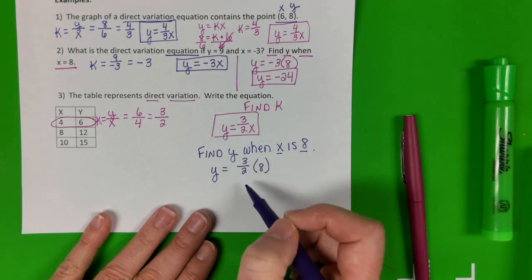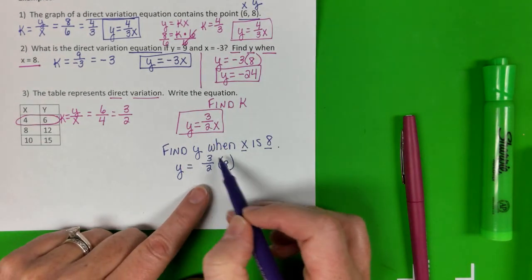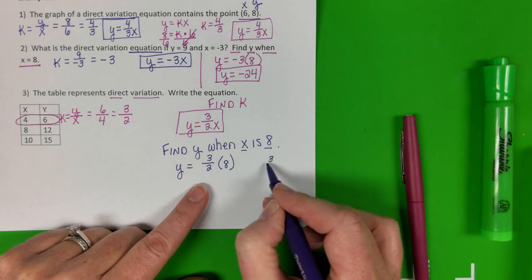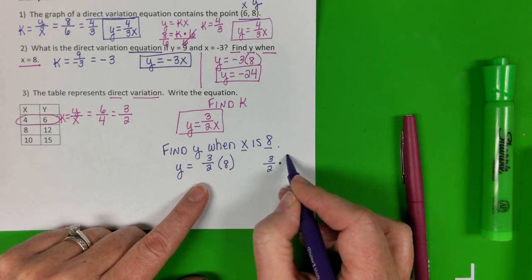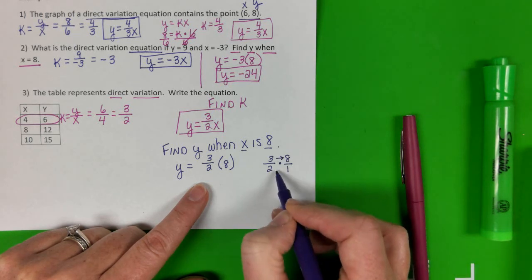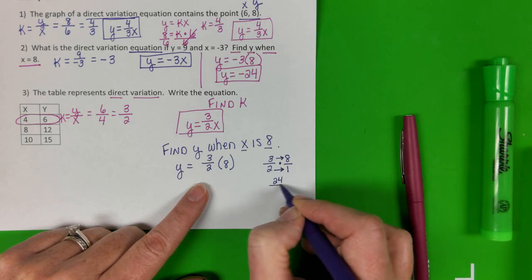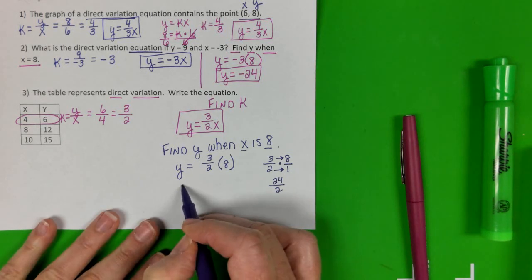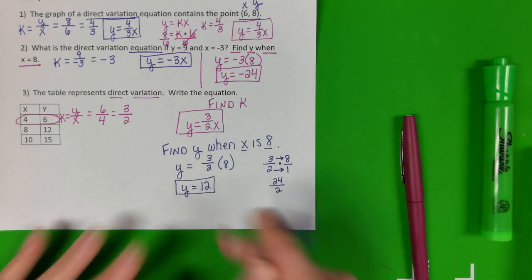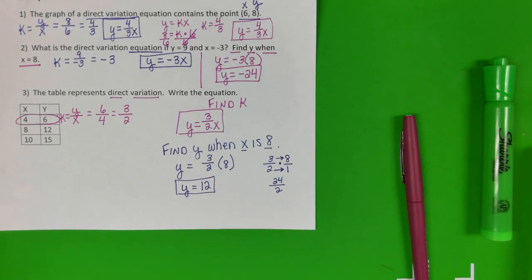Don't be scared of fractions. This is where your graphing calculator, your Desmos calculator, or a regular graphing calculator are going to come in handy. But since I'm not pulling up my calculator, just remember fractions. We would put the 8 over 1. We could go straight across, and that would give me 24 over 2. And 24 divided by 2 is 12. You could test that with your calculator. Make sure that you're really getting 12. Okay?